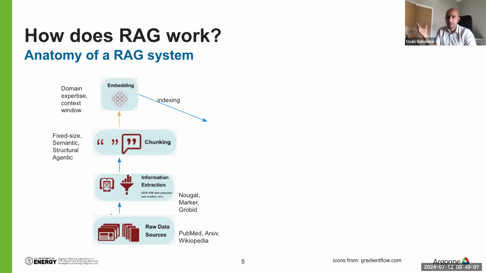For instance, you can't take a model trained on, I don't know, sentiment analysis on X posts and expect quality encodings from it for neuroscience papers, okay? And you also need to make sure that each chunk actually fits into the context window of that encoder. But once you get your embeddings, you put them in a vector database.